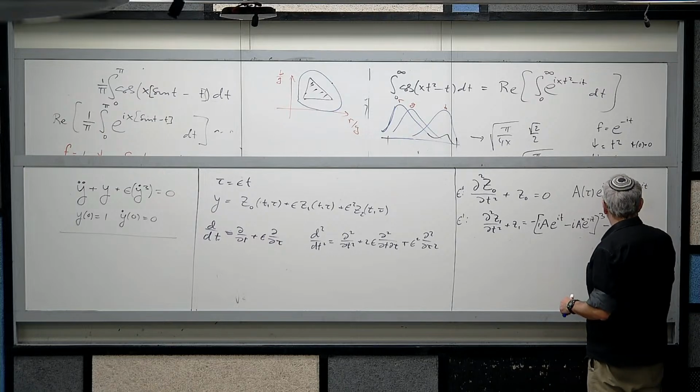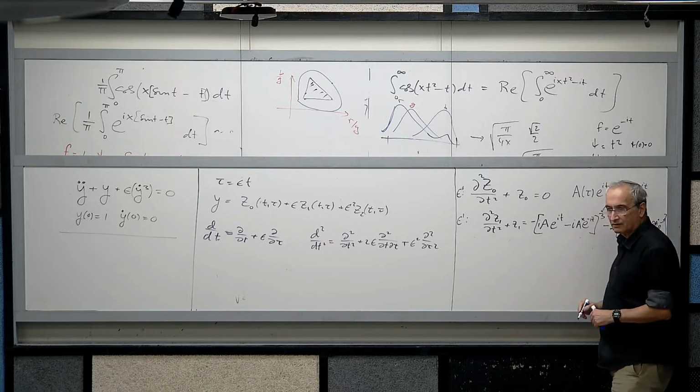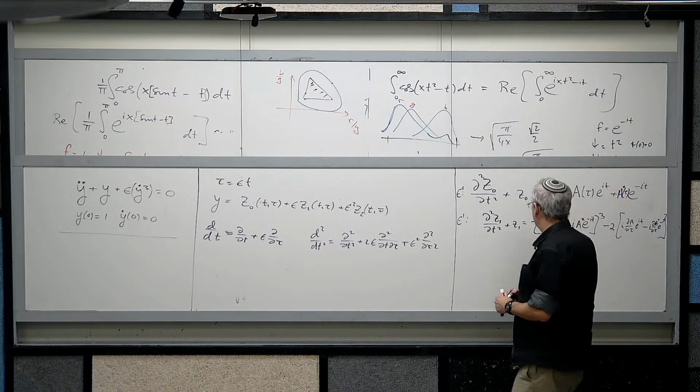So I have i ∂A/∂τ e to the it minus i ∂A*/∂τ e to the minus it. Okay? Good.